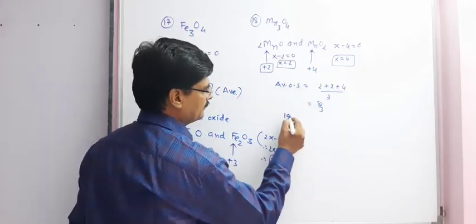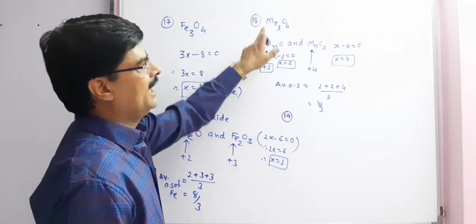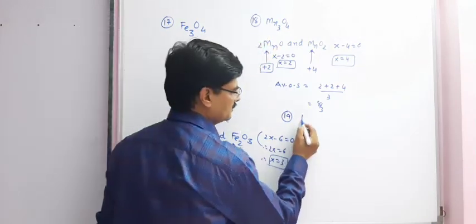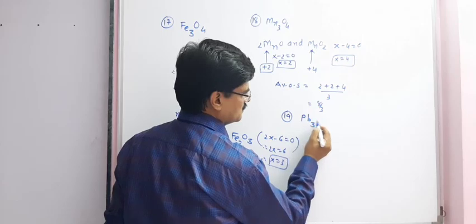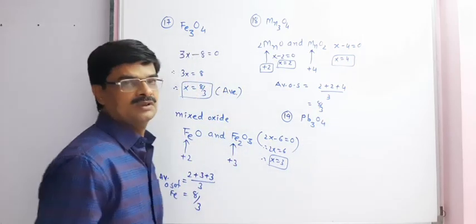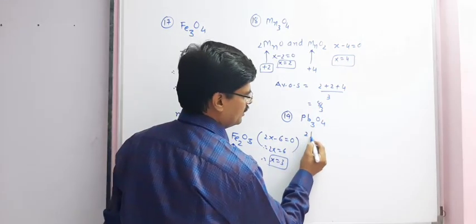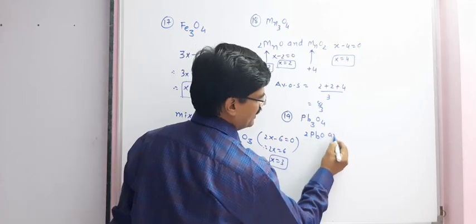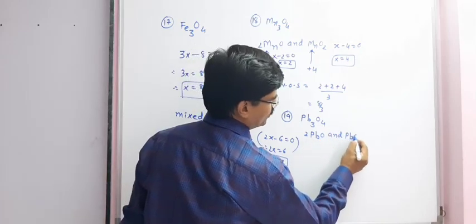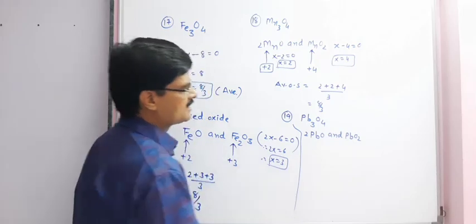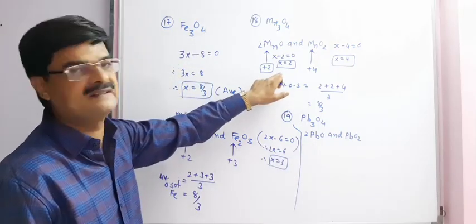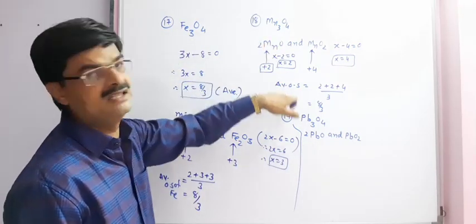Same way, Pb3O4. Again you write 2 PbO and PbO2. So you can understand, this will be the same as the case of Mn3O4.